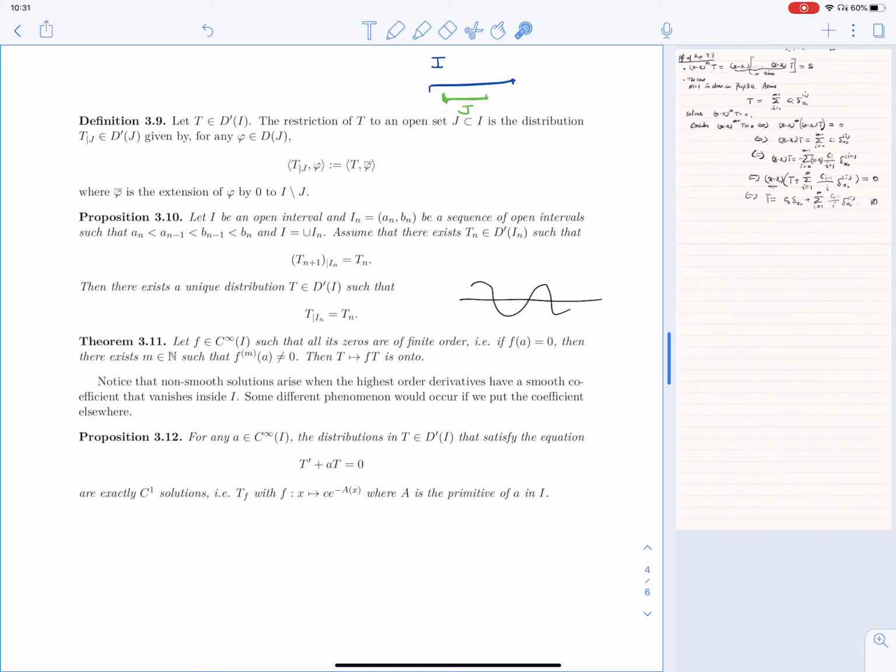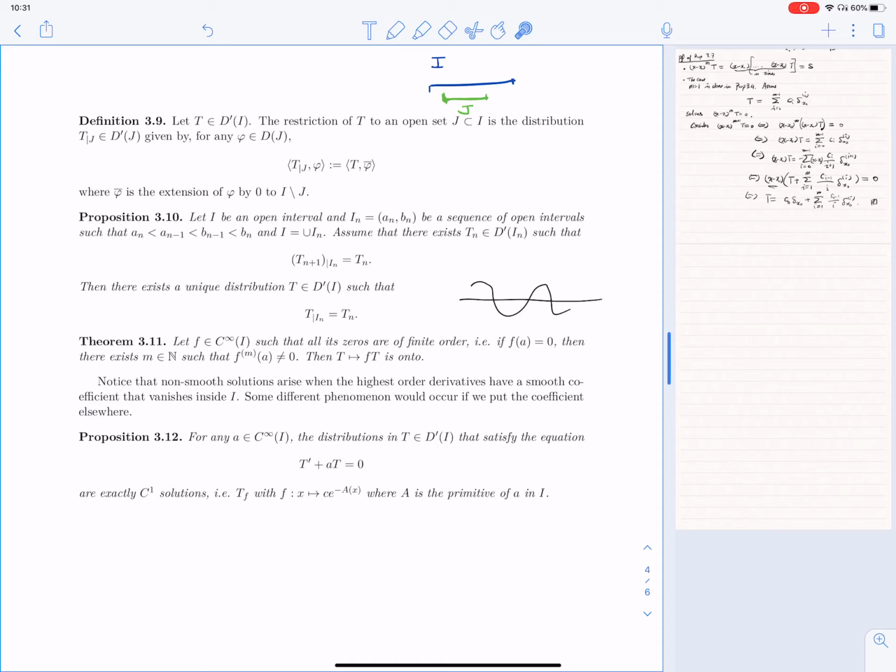This formula is nothing really. T restricted to J is applied to a test function. See that now the test function's support is contained in the open set J, which is a smaller set, right? So in order to define the restriction of a distribution to a smaller set, we only need to consider test functions whose support is contained in the smaller set.